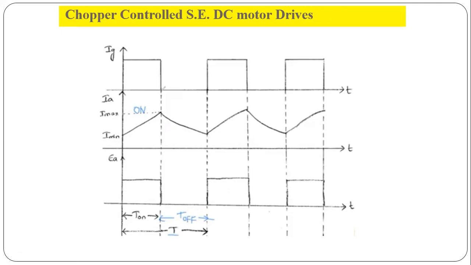This is the T on time and T off time. When the switch is on, the voltage is produced with some magnitude. When the thyristor is off, there is no output current from the source, and at the same time the current decreases from maximum point to minimum point.